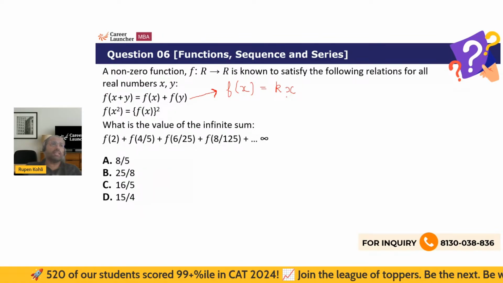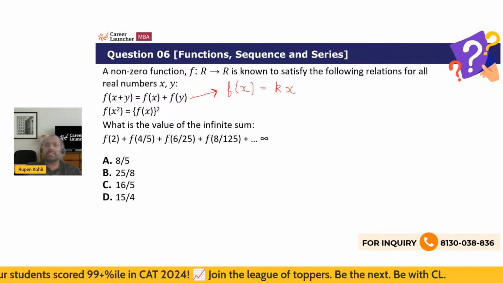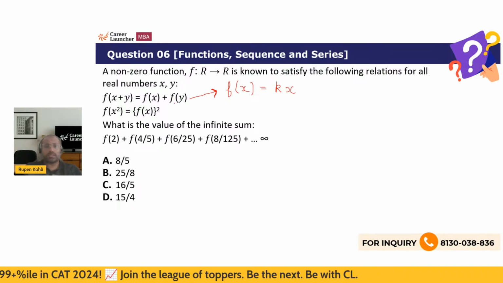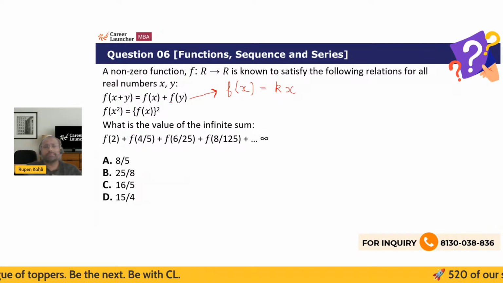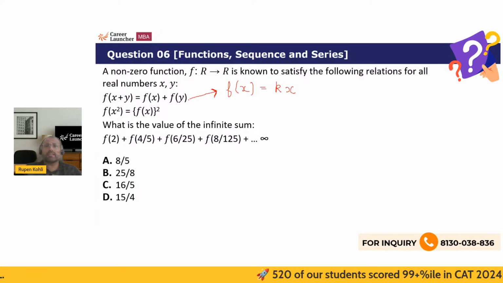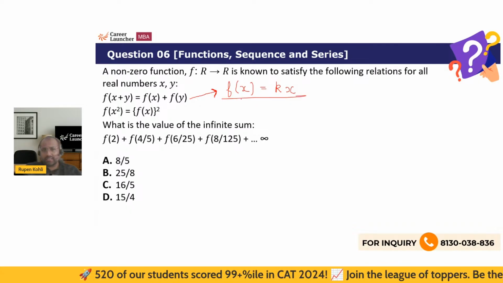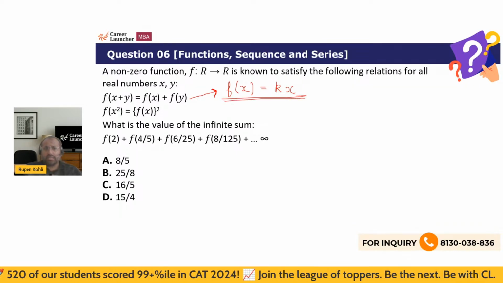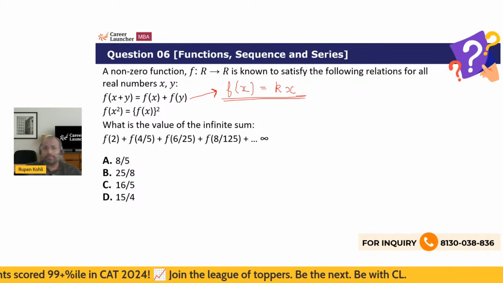Means for any constant k, f(x) equals kx always satisfies this relation, that f of x plus y equals f of x plus f of y. Because k into x plus y will be equal to k into x plus k into y. As simple as that. But in this, k is unknown. Means for any k, this is always satisfied. But we have also this.